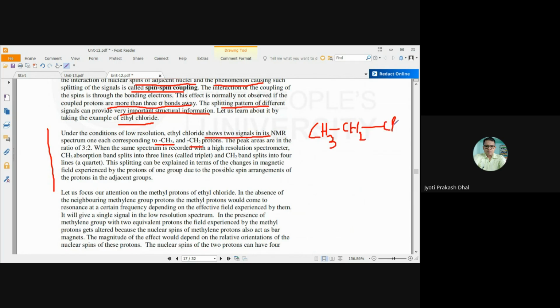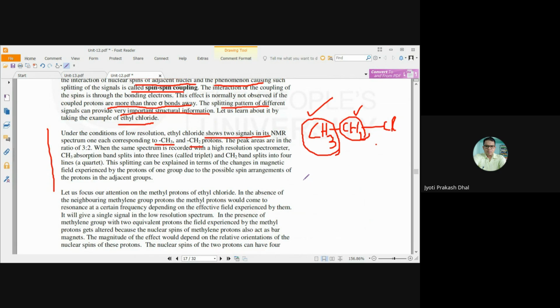So under the condition of low resolution, two types of protons will be there. One NMR peak will come for the CH3 protons, and another NMR peak will come for the CH2 type of protons.